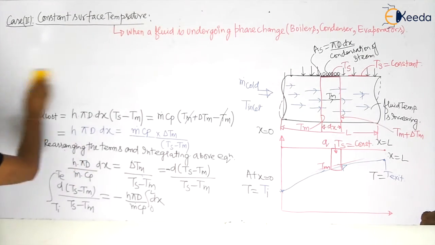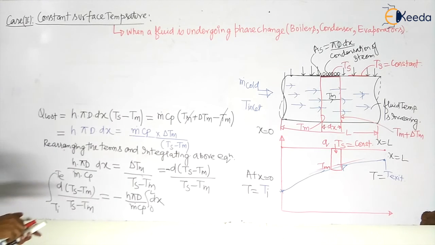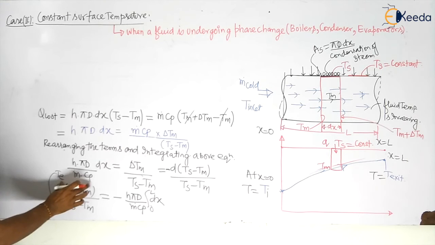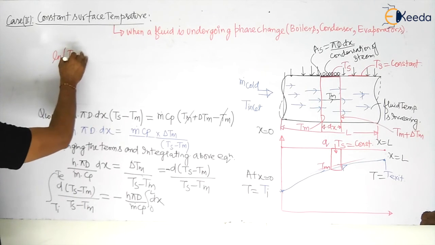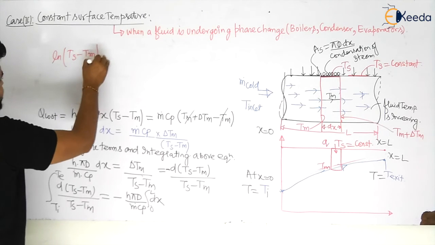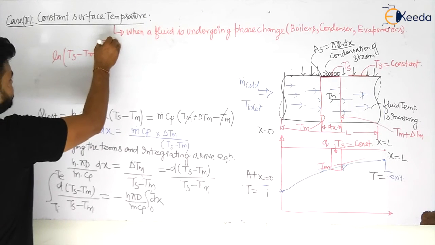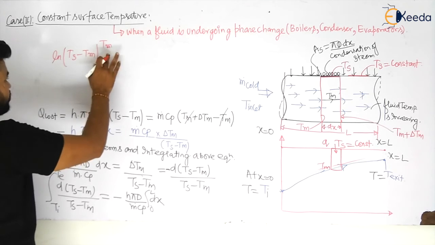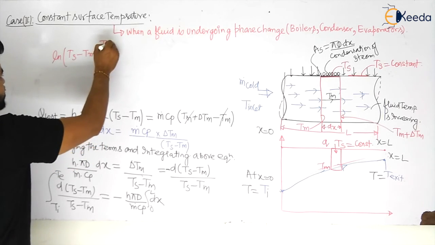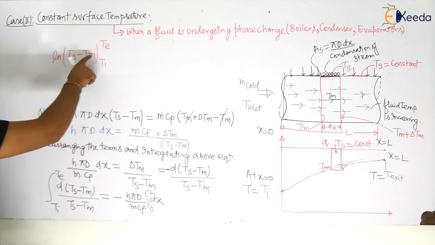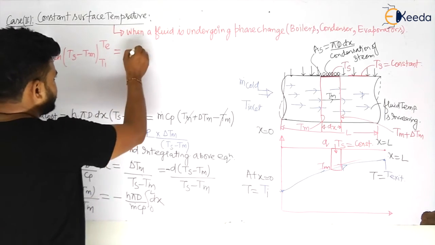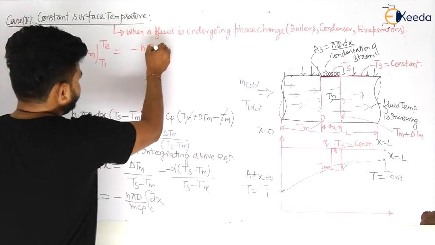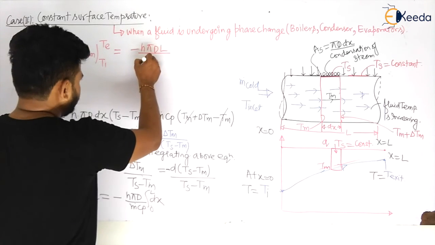If I integrate, that is nothing but dx upon x, so this will become ln. So ln of Ts minus Tm from Ti to T exit, because Tm will vary from T inlet to T exit. This will become minus h into pi d L divided by m dot Cp.